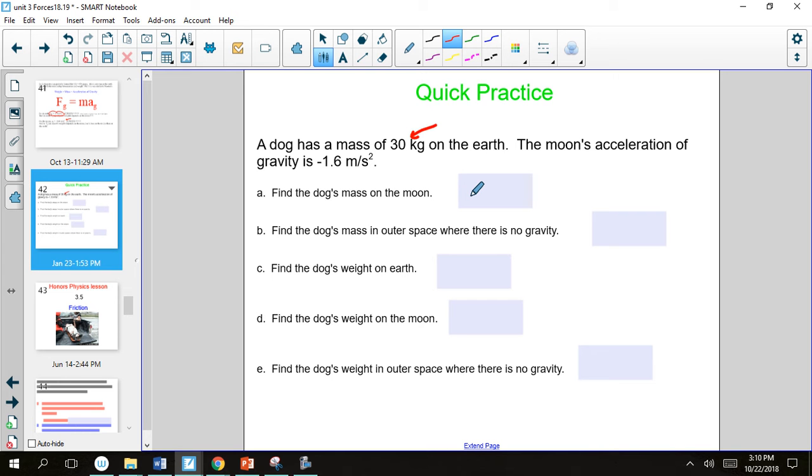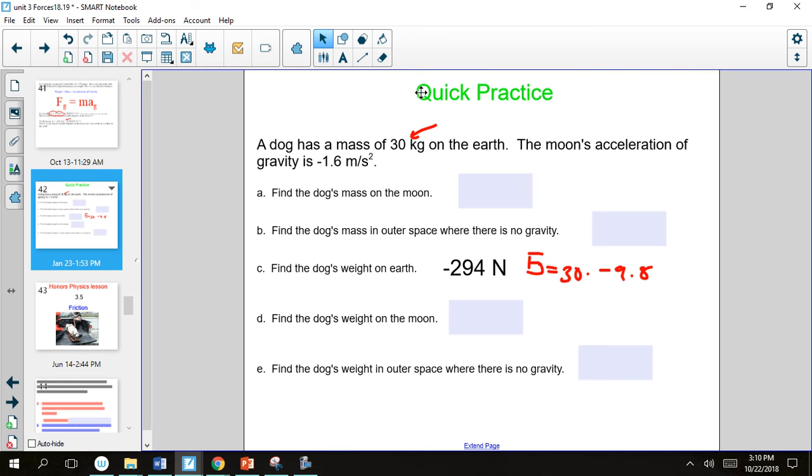If we were on Earth, we would have 30 kilograms of mass, and we multiply that by negative 9.8 to figure out our weight on Earth, and we should get negative 294. So again, that is our mass, which is 30 kilograms, times our acceleration of gravity, which is negative 9.8. And that gives us our weight, or our force of gravity.